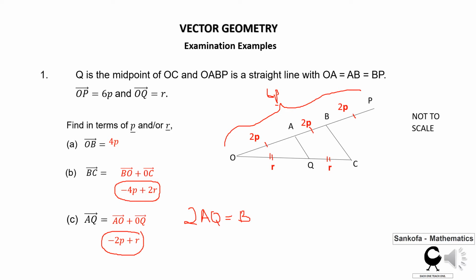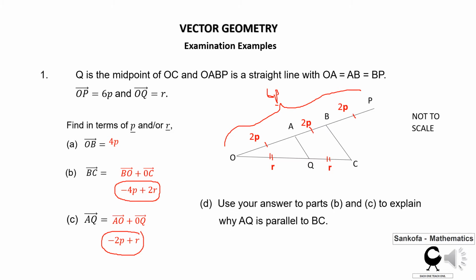So BC is twice as long as AQ. There's a question in that respect. They're asking us what you can deduce from those two. You can see obviously that they are multiples of each other.